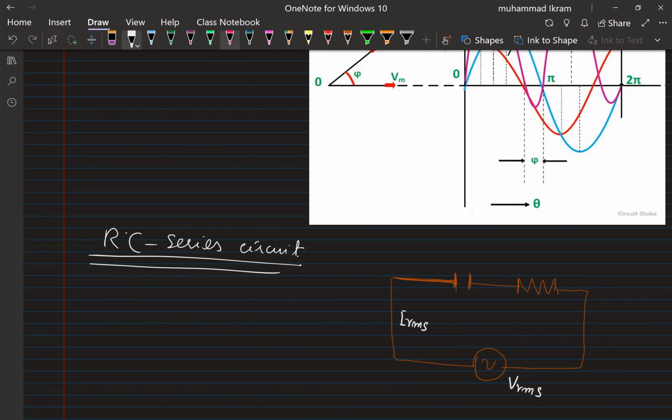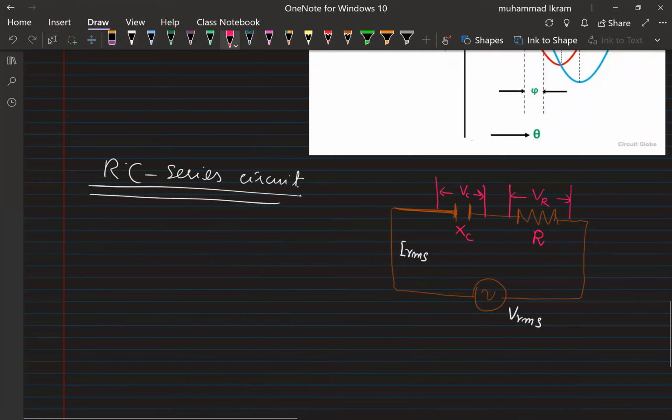So here you see across the capacitor there will be a potential difference. That potential difference is VC, and across this resistor the potential drop will be VR. Here you have the resistance of the circuit, R, and here you have the resistance of the capacitor, known as the capacitive reactance Xc.